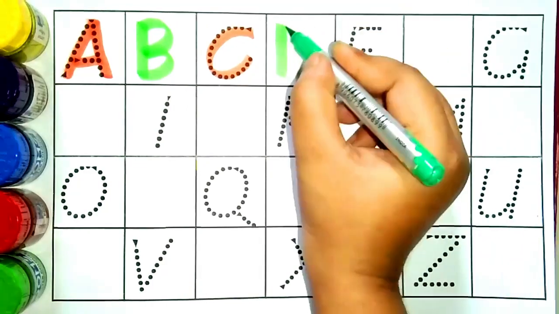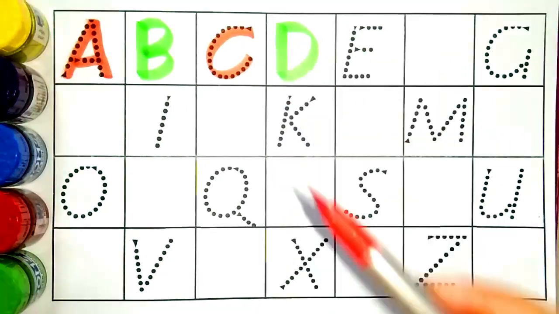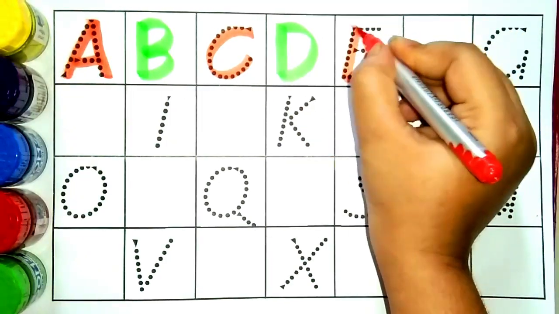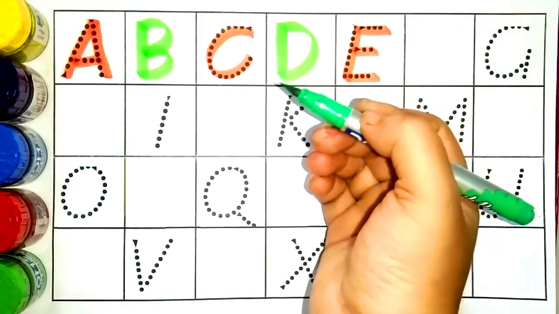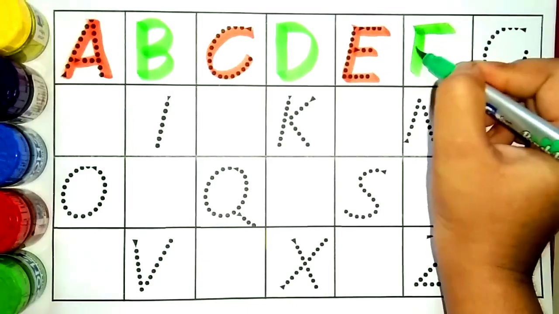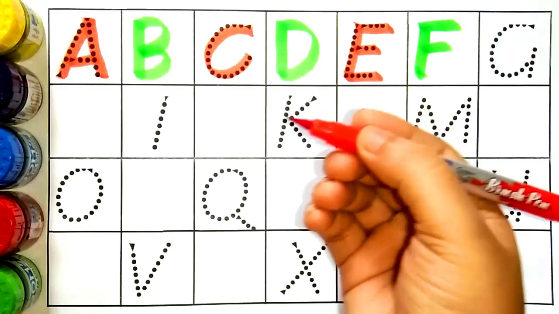D for dog, orange color. E for elephant, light green color. F for fish, orange color.